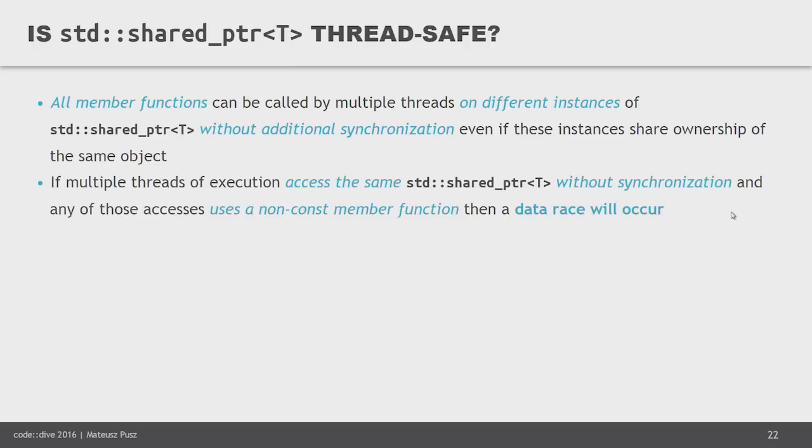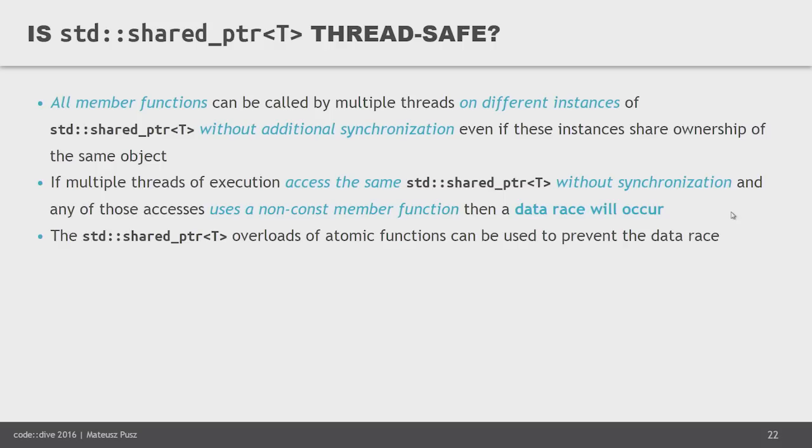If you are referring to the same instance of the shared pointer object, you can use only const methods. If you're using non-const methods, you will have a data race. To not have the data race, you have some atomic overloads, as I presented to you.